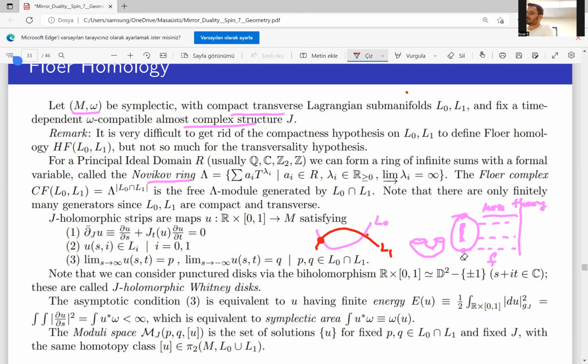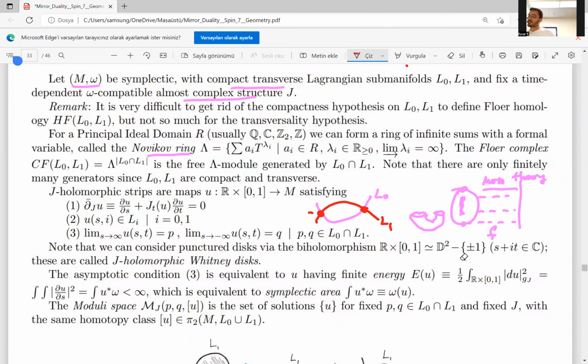We have two intersection points for this simple one, and Novikov rings are defined with respect to these two intersection points. We can define a ring, and for this ring it gives us very important information.